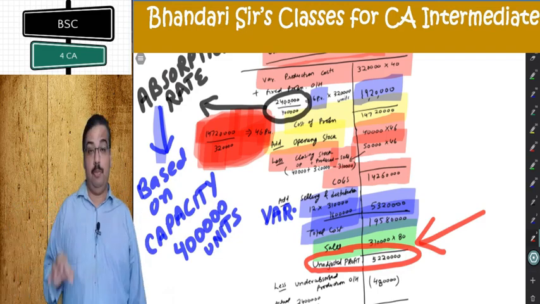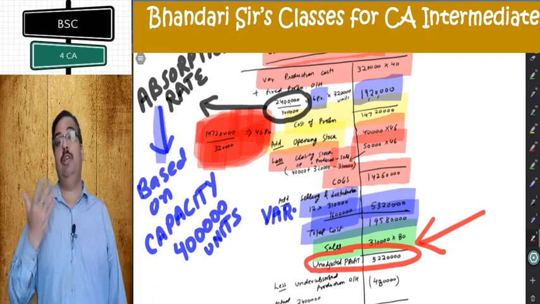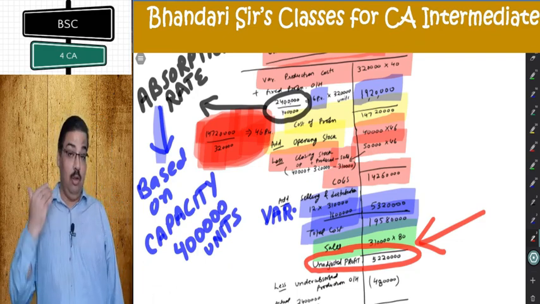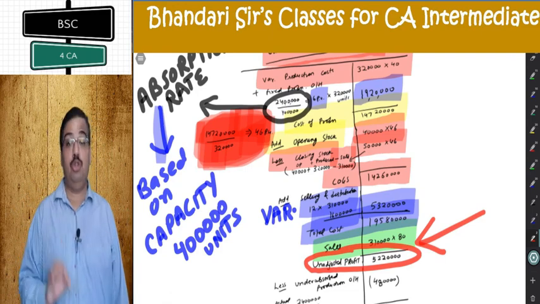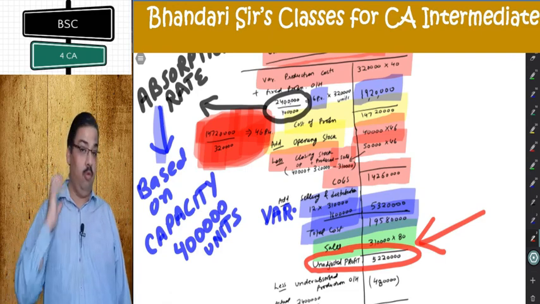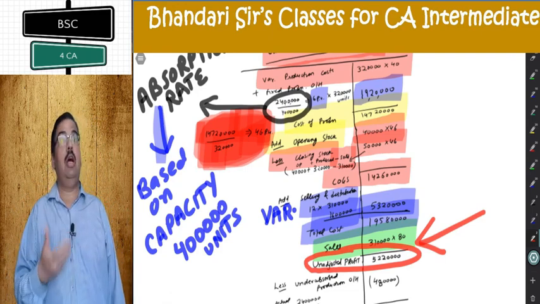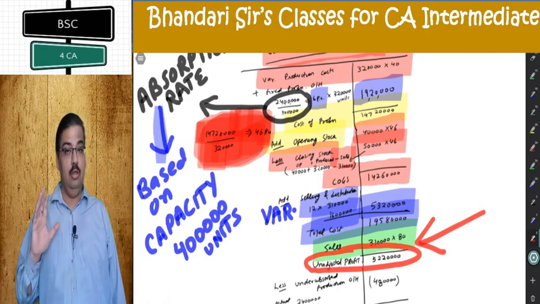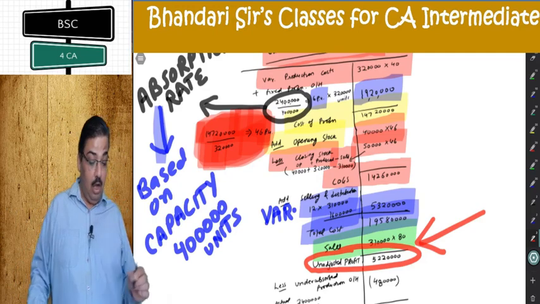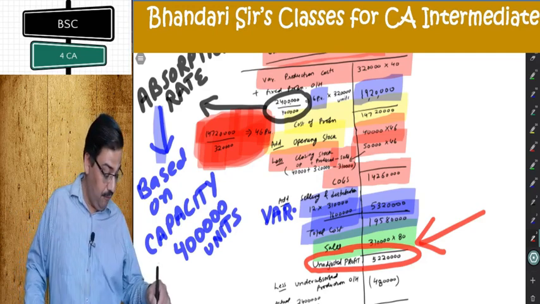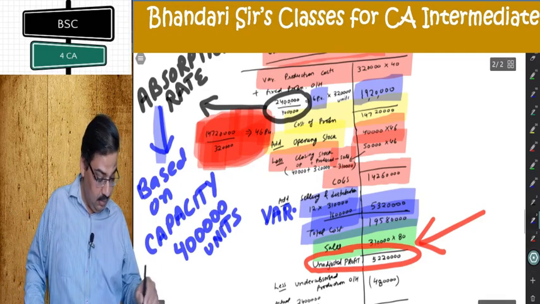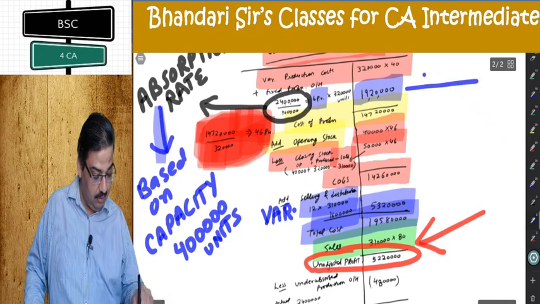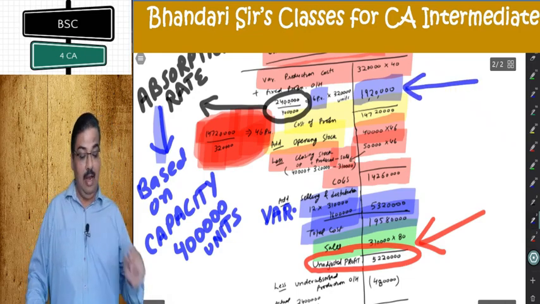Under over absorption happens only in fixed overheads, and that also in this question only in fixed production overhead. Selling overhead we have charged on actual basis. There is no under over absorption in that. In production overhead, how much did I charge? The fixed one, I charged this figure 19 lakh 20,000.